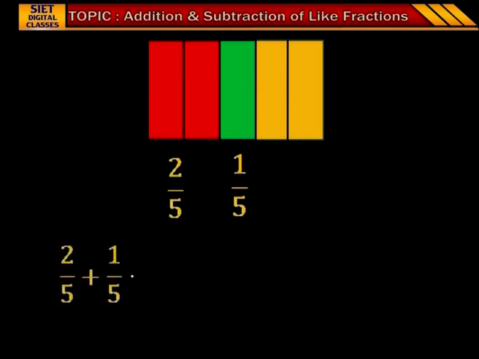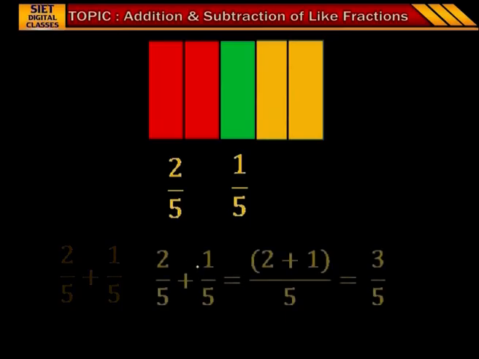So here 2 by 5 plus 1 by 5. Why? Because we are adding 2 fractions to get the resultant part of the cake they both had. That can be represented as 2 plus 1 by 5, that is 3 by 5. So 3 parts of a total of 5.